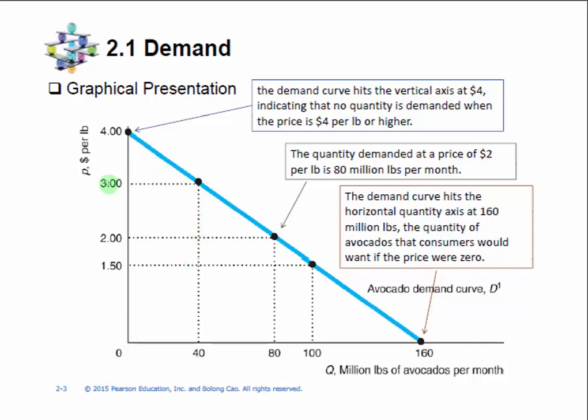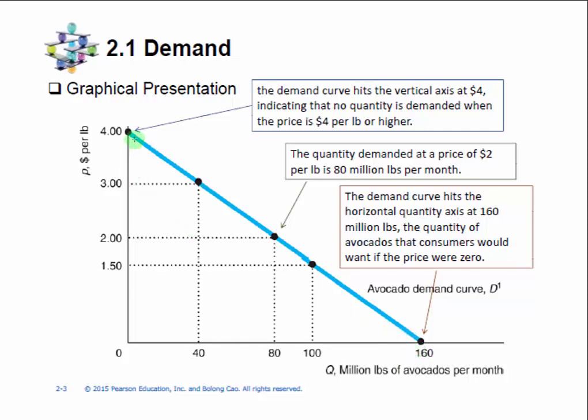And then as the price goes down from $4 to $3, the quantity demanded becomes 40, that's 40 million pounds. And if the price is $2, the quantity demanded is 80 million pounds. And of course, if the price falls to zero, then the quantity demanded is 106 million pounds per month for avocados.